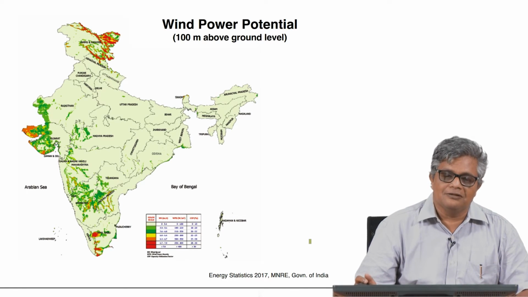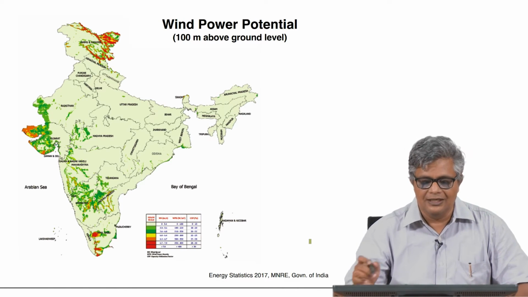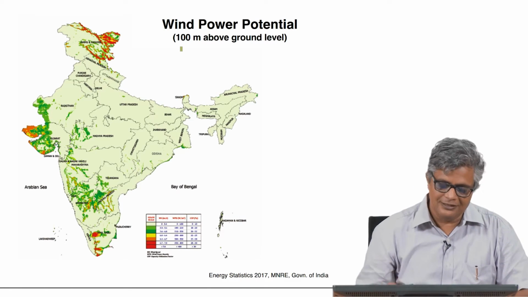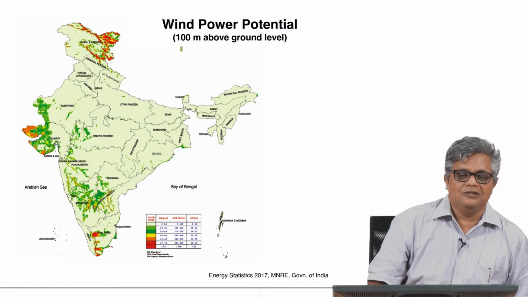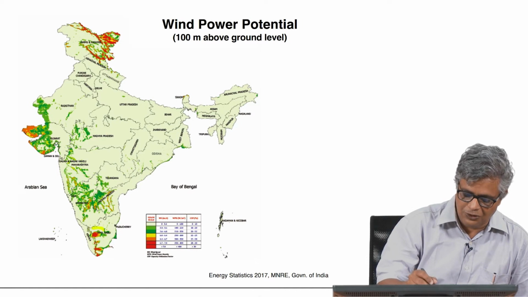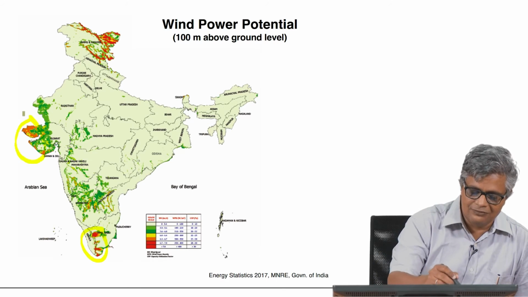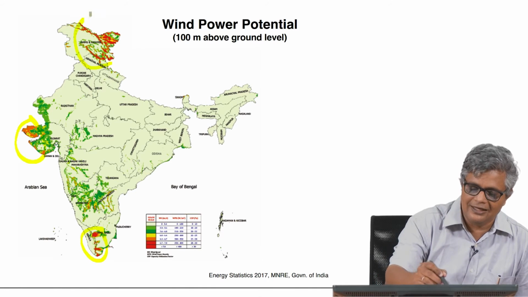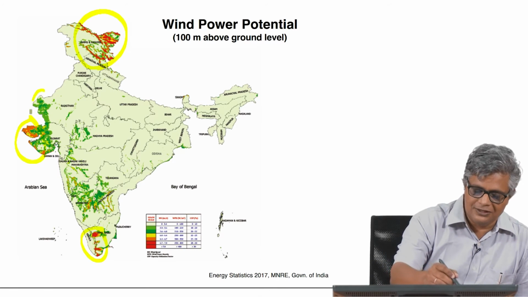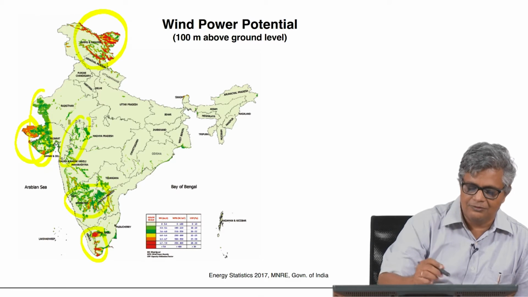In terms of potential, that is how much more we can extract, there is a lot of potential for wind power, and this is at a height of 100 meters above ground level. You can see that wind power is not uniformly distributed. It is available in good quantities in certain parts of the Tamil Nadu Kerala border, in certain parts of Gujarat coastal areas, and up there in Jammu Kashmir, and in fairly significant quantities in Rajasthan, Gujarat, some parts of Andhra Pradesh, Karnataka, and a bit of Madhya Pradesh, Maharashtra.